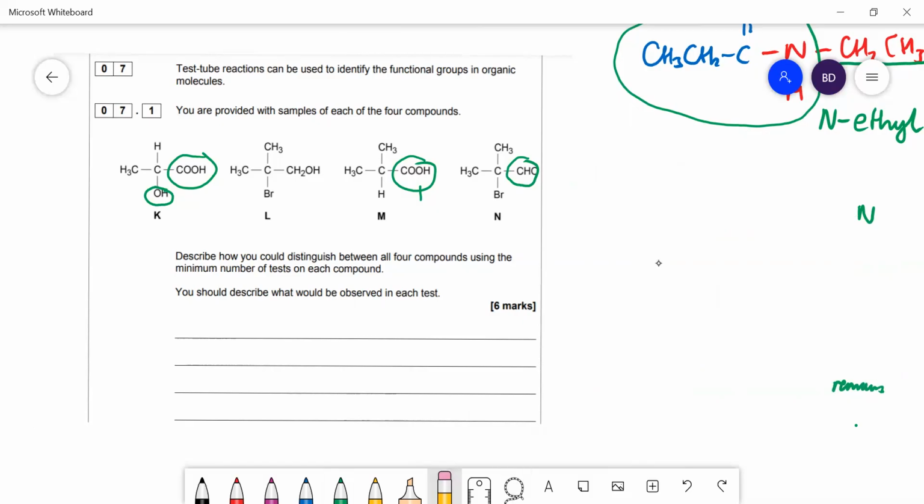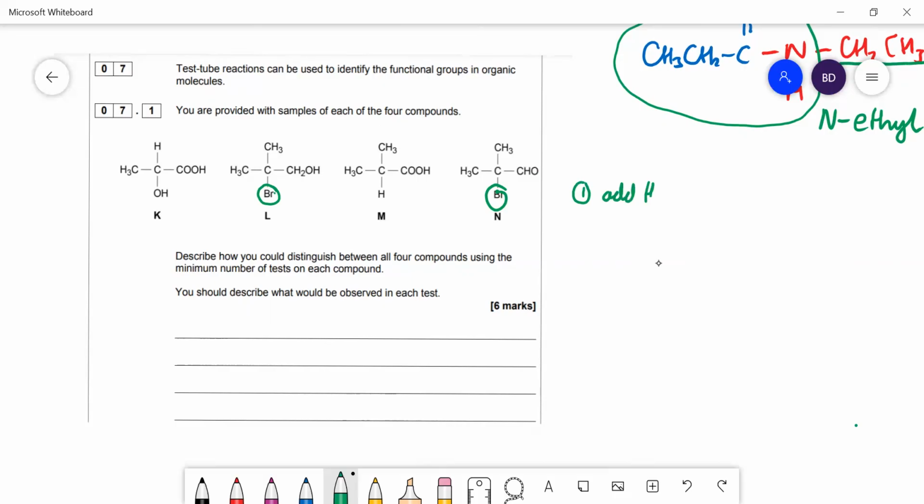Now, let me do another one. The other way you could do it is both L and N contain this bromine group, and you can hydrolyze that bromine off if you add water. So add water to both of them. The first test is add H2O and silver nitrate solution.